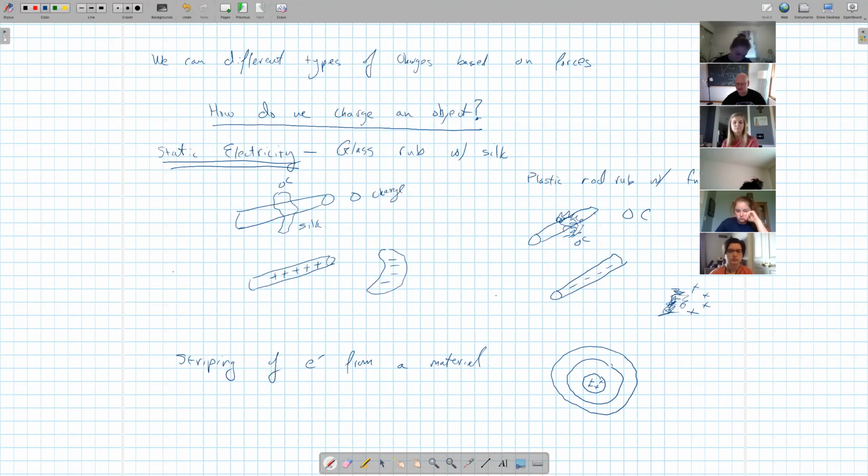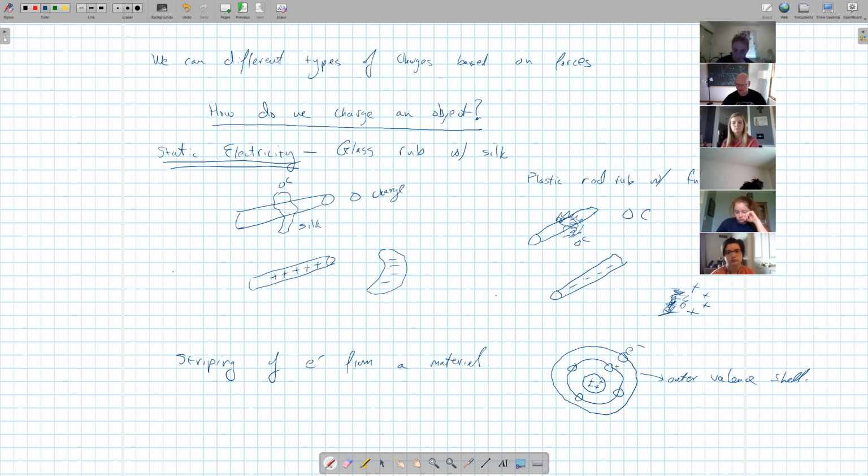Let's say I have 4 electrons here, and 1 excess electron out here in the outer valence shell. Since this is the single electron sitting in the valence shell, it's very loosely bound to the atom and is easy to strip off from the material.